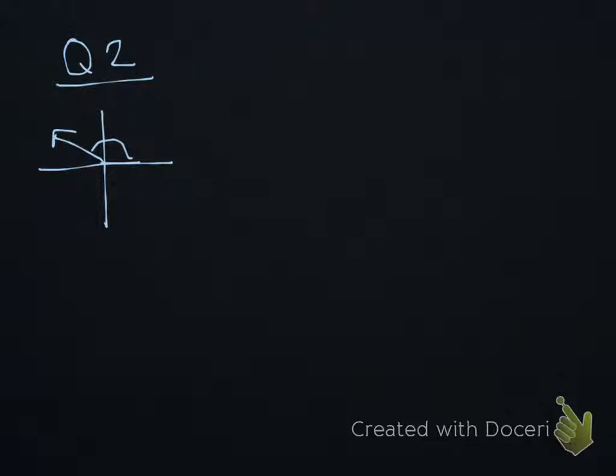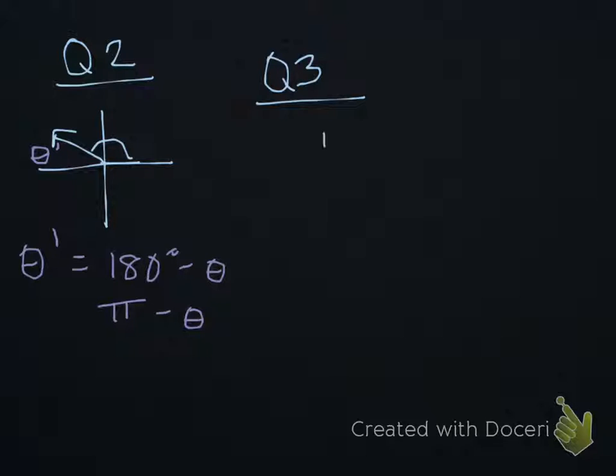And the way we would find the reference angle is, if you're in degrees, 180 degrees minus the original theta, or pi minus the original theta. And that will give us the value of that little piece right there. Quadrant 3, so the terminal side will be down here.